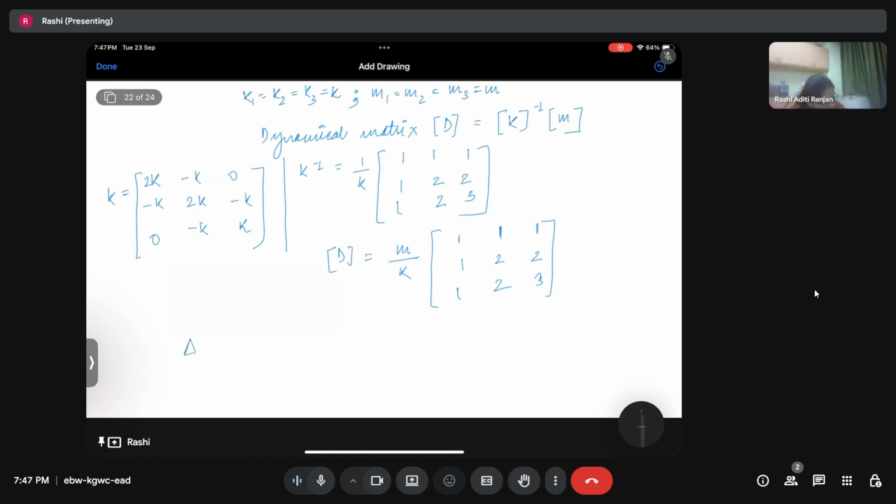Now we find the determinant that we have to make equal to 0, which is nothing but lambda times the identity matrix minus the D matrix.